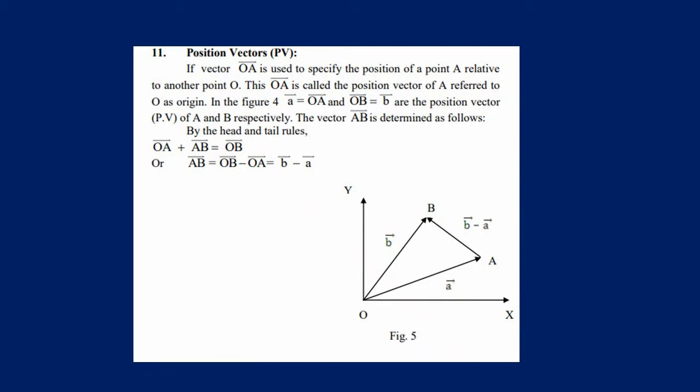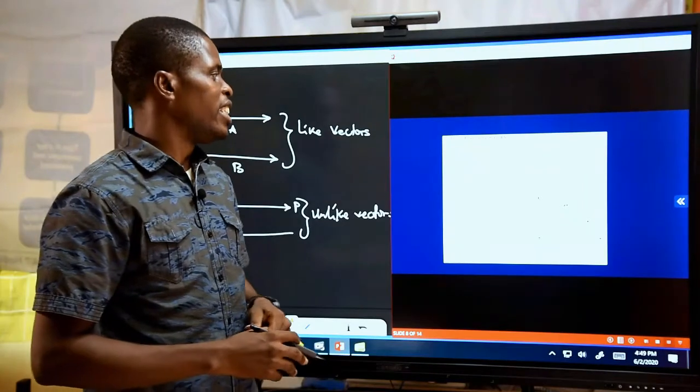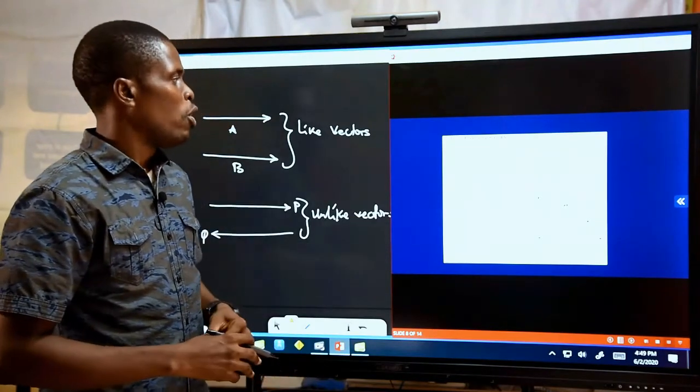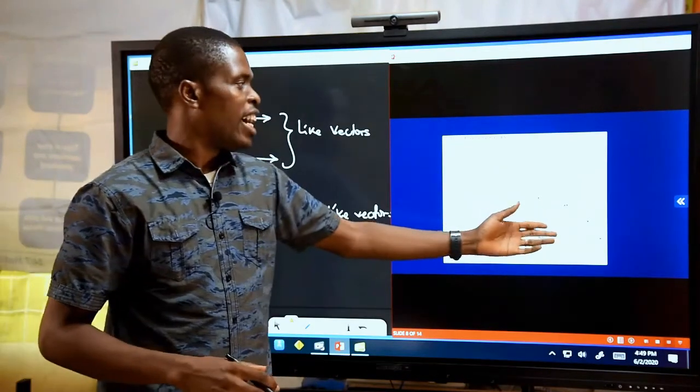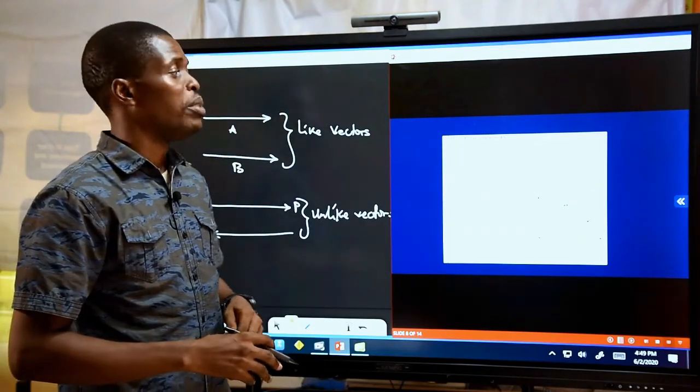We have what we call position vector. When a vector OA is used to specify the position of a point A relative to another point O, the vector OA is called the position vector of A, referred to O as the origin. As shown in the figure, OA and OB are the position vectors of A and B respectively.